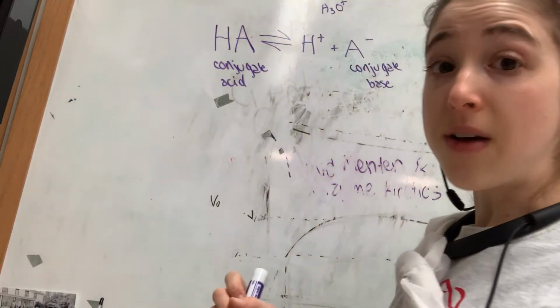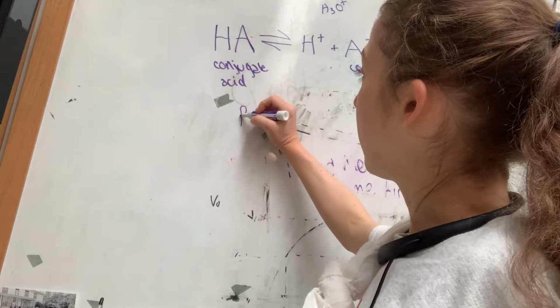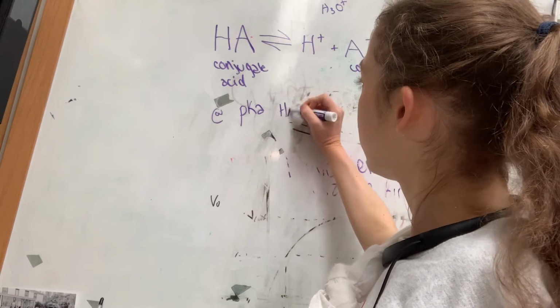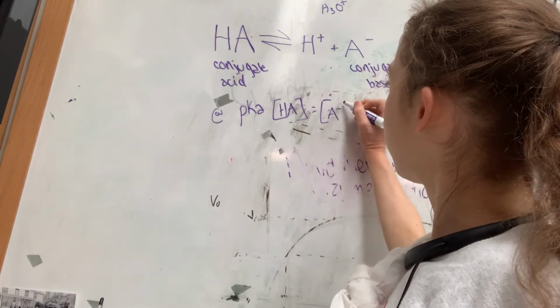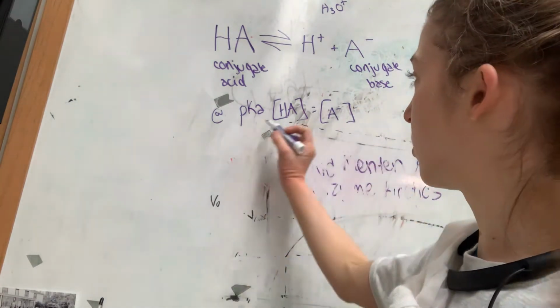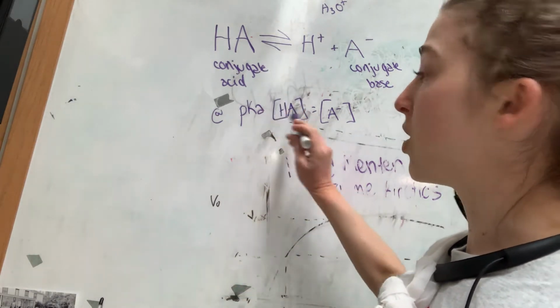We can define a value called a pKa, so at the pKa, the concentration of HA equals the concentration of A-. So basically you have equal amounts of your conjugate acid and your conjugate base. These brackets just mean concentration of. And so the pKa is the pH at which this happens.